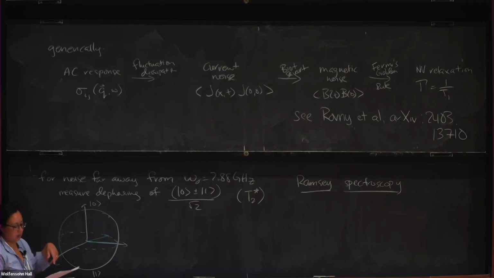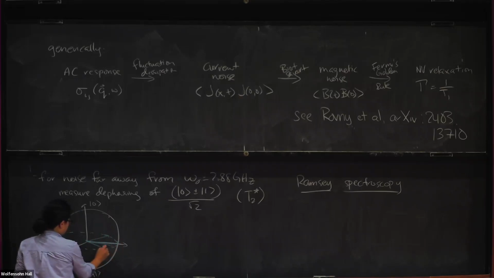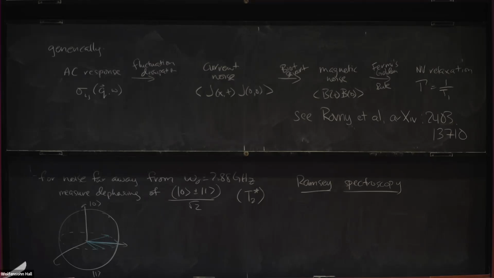And if you have noise, there will be many different places that I will land on this equator, depending on what the actual noise was over that particular free evolution time in the experiment. So what I will actually measure should look something like this.